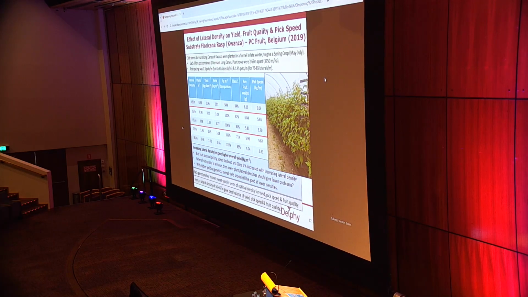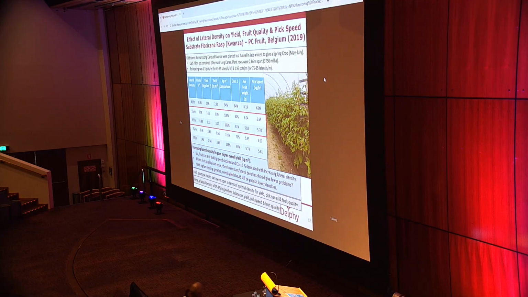So increasing lateral density gave a higher overall yield. Fruit size and picking speed declined, and class 1 percentage decreased with increasing lateral density. And where fruit quality is an issue, then a lower plant lateral density gives fruit fewer problems.